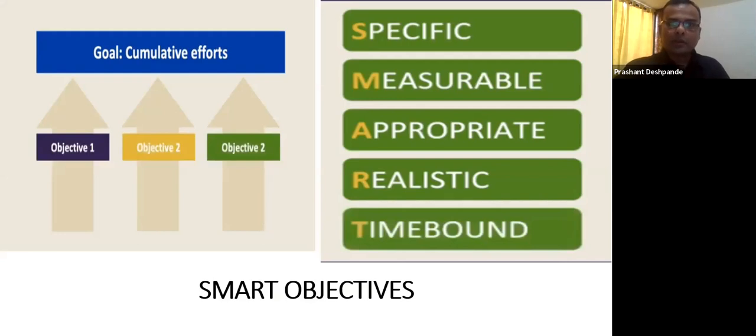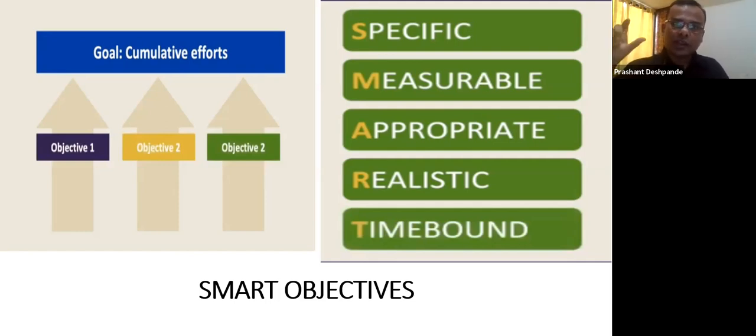For example, if we want to measure how many pregnant women have delivery in a hospitalized setting and how many of them are breastfeeding within 1 hour, these are two statements, so we can actually have them separately.